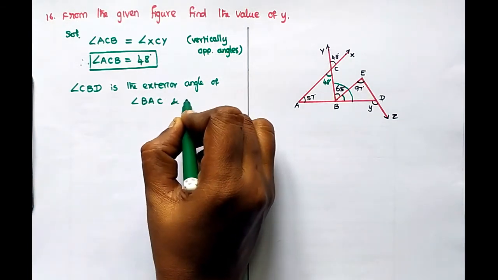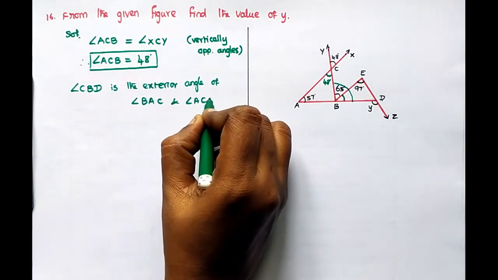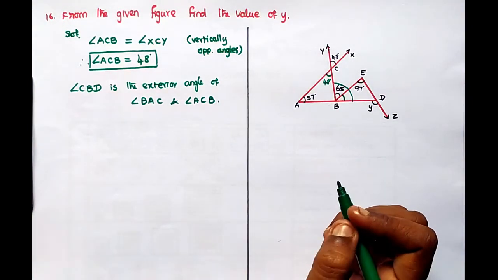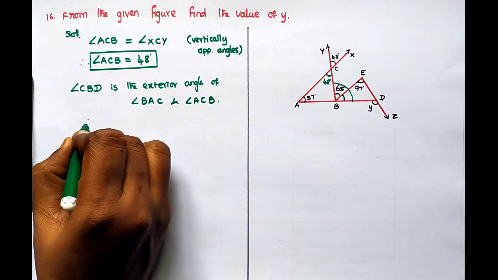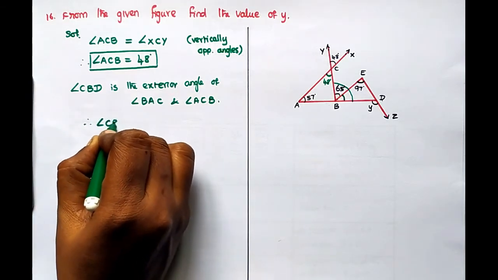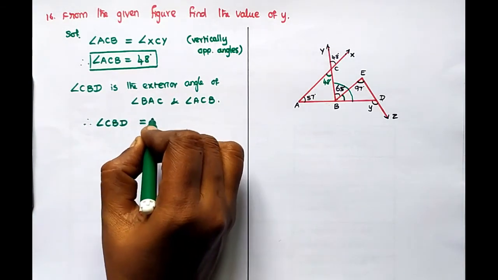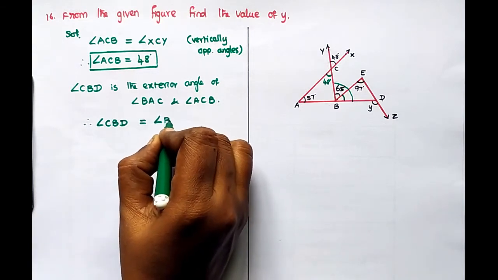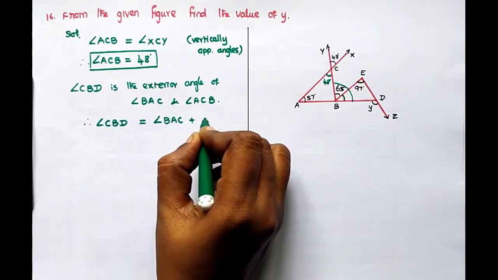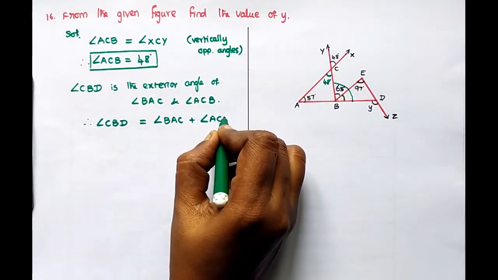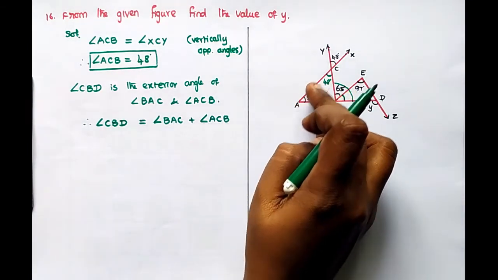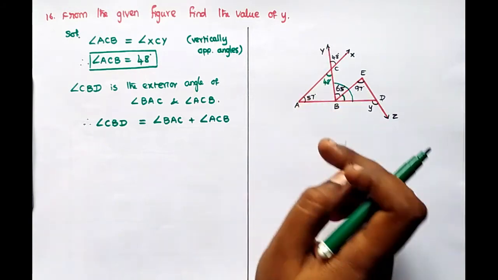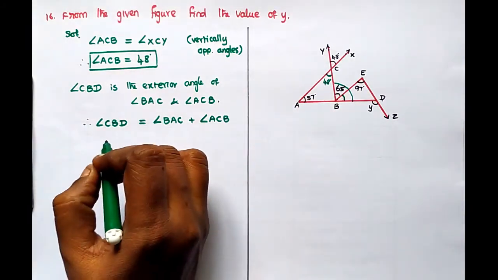BAC and ACB. So listen, therefore angle CBD equal to angle BAC plus angle ACB, right? This exterior angle equal to addition of these two opposite angles, interior opposite angles.